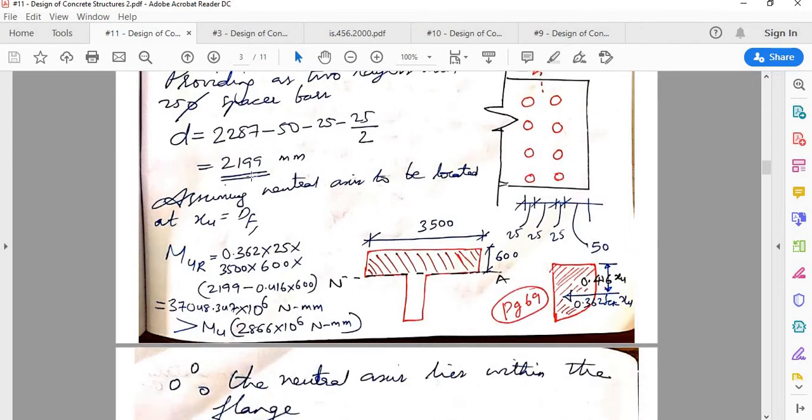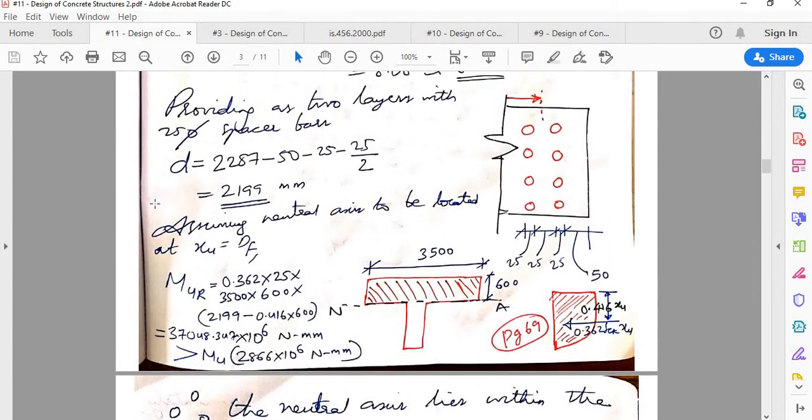So using this effective depth, let us make an assumption that the neutral axis is located within the flange. Okay, so this is the flange, right? This is the vertical stem, this is the counterfort wall portion itself.